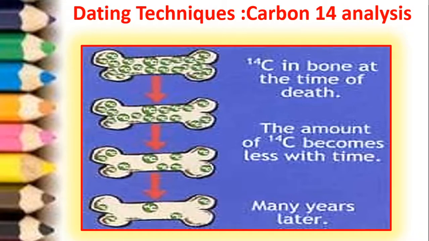So you can see in the picture here, this much is the amount of carbon at the time of our death in our body. Okay. As the years pass, the amount of carbon starts getting lesser and lesser. So when scientists study the body or the bones of the things which they find, and they find out how much carbon is there, they are able to understand how old that bone is.